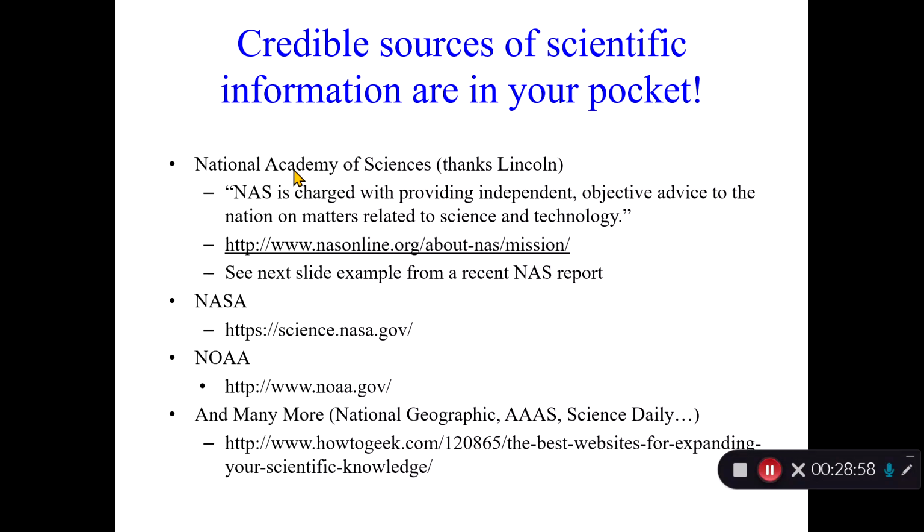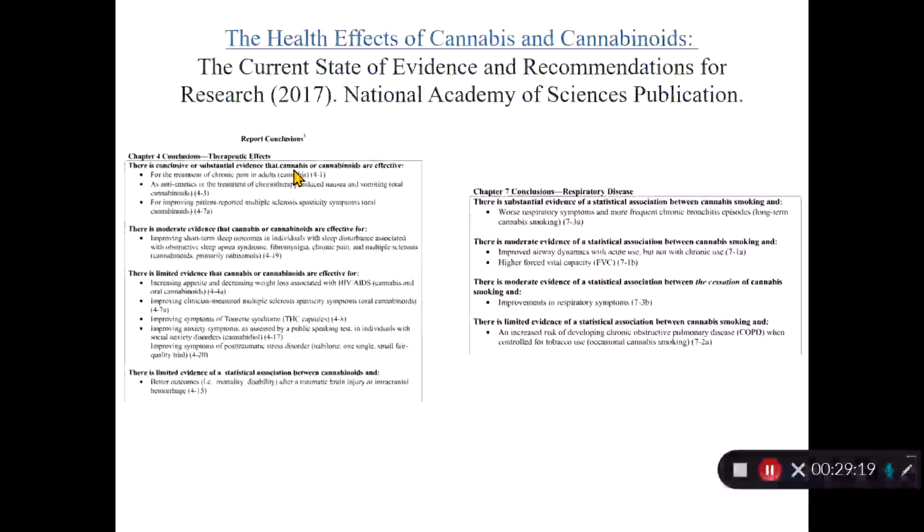We'll look at the NASA website as one of our reading assignments, NOAA, and then, of course, many others that we think about, the National Geographic or the American Association of Scientists or Science Daily, right? Lots of different ways that we can access good scientific information.